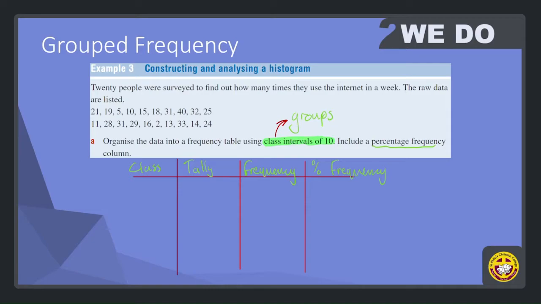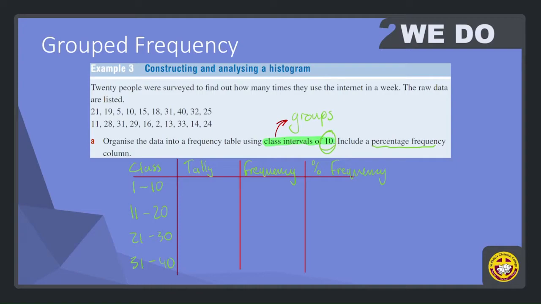The first thing we've got to do is look at the class intervals. We're being told to use class intervals of 10, so that's what we write down here. So now, instead of each line representing just one number, this first line represents all the numbers from 1 to 10.